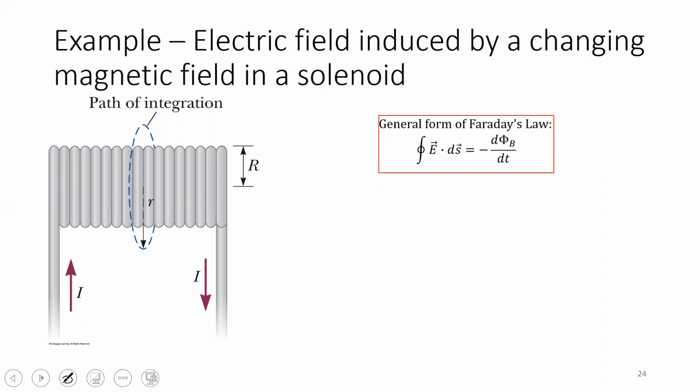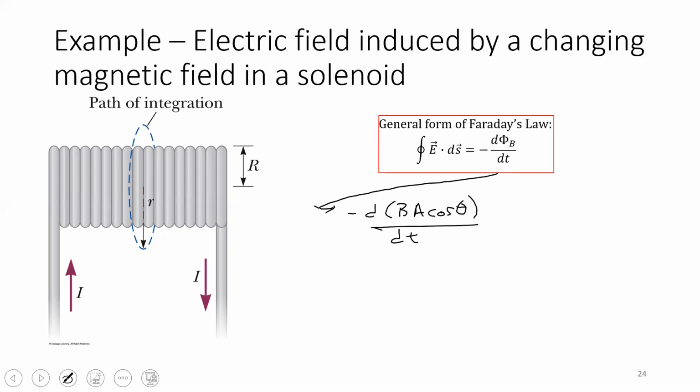So in this solenoid equation, we want to start out with our general form of Faraday's law and do two different things with it. So first of all, we want to switch our dΦ/dt in terms of what we're given here.